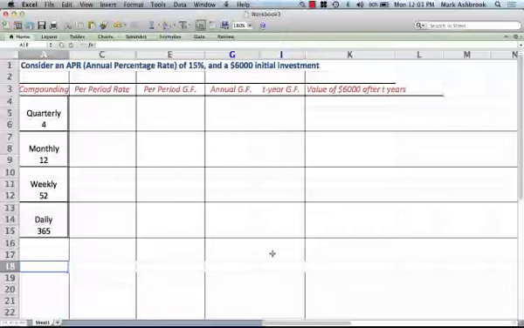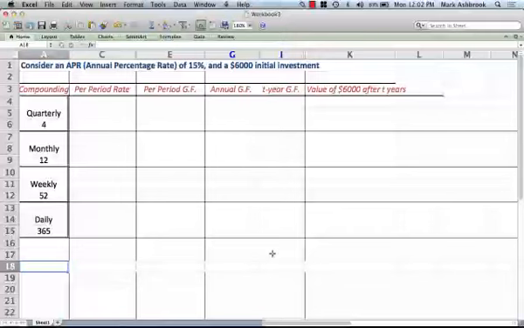What is the percent increase per year? What's that? 115%? What's that? 15%. Is that what APR of 15% means?